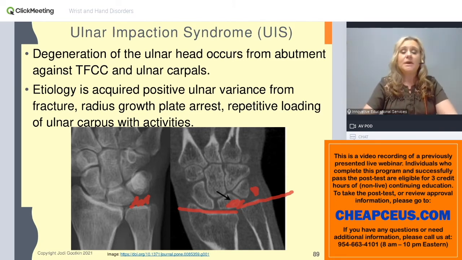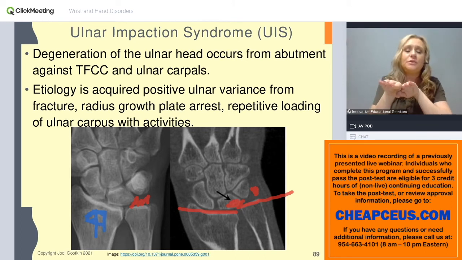One might be someone who had a pediatric growth plate fracture, where on the left here there was a fracture. Now this radius is not growing. It's halted, but the ulna is going to continue to grow.